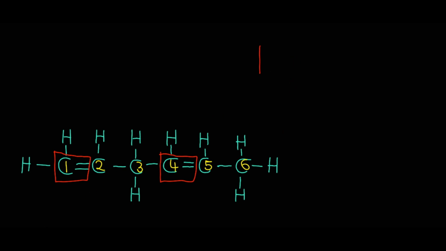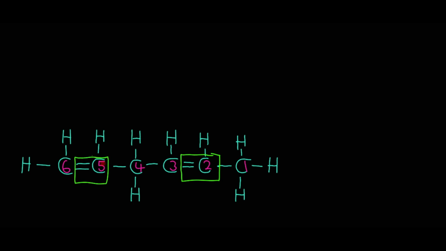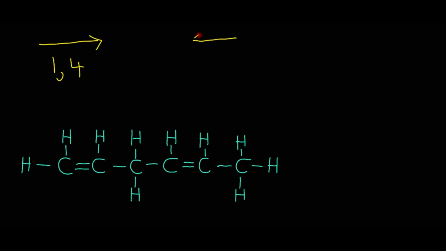And then now let's see the other direction. We move from right to left. This is 1, 2, 3, 4, 5, 6. We obtain a double bond in carbon 2 and also in carbon 5. So now let's see which is correct. In this direction, 1 and 4, and in this direction, 2 and 5.